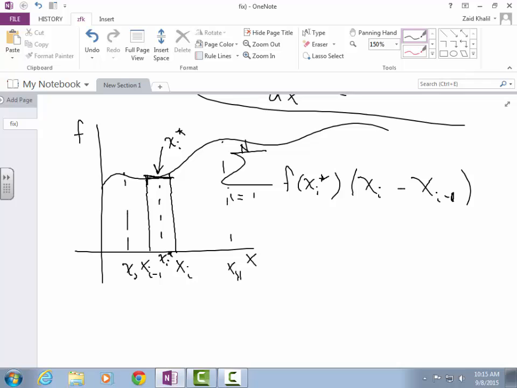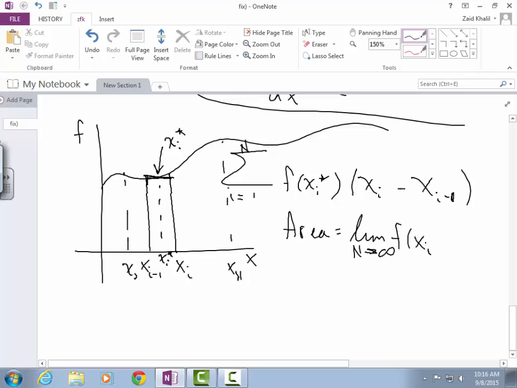Make them thinner and thinner. That's right. So then we could say that the area is equal to the limit as n goes to infinity of f of x_i star times x_i minus x_{i-1}. Right, you need the sum.